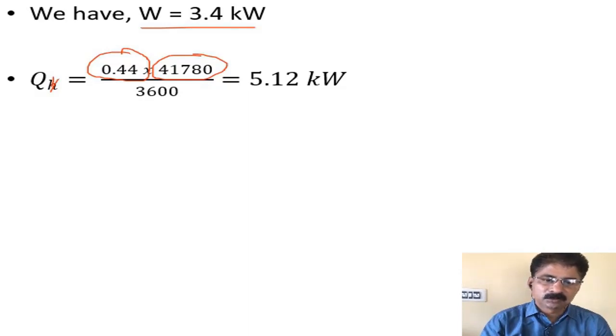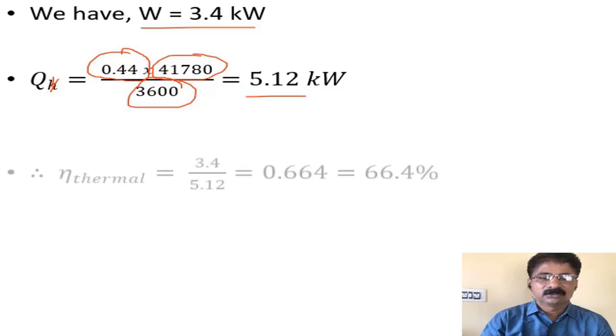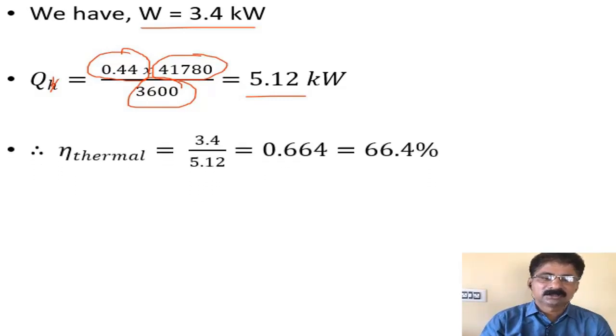They can be in kilojoules per hour, kilojoules per minute, kilojoules per second or kilowatt also. To convert kilojoules per hour into kilowatt, you have to divide it by 3600, so that you will get the answer in kilowatt. So there is no issue to substitute now. Substitute in the thermal efficiency formula, that is actual efficiency, W by Q, and you will get it as 66.4%.